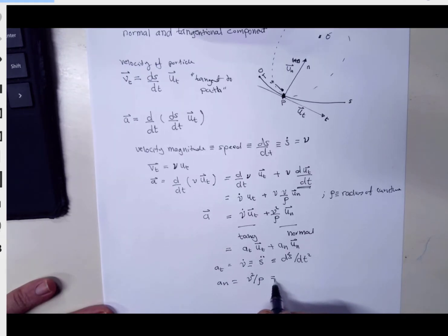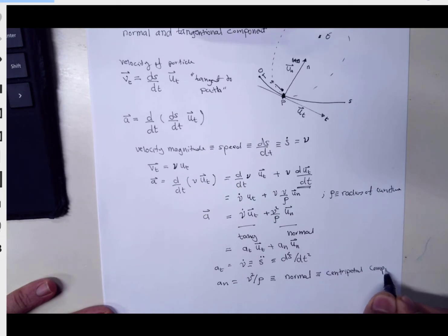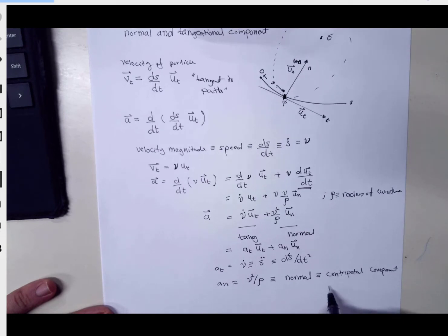This is called the normal, or centripetal, component of acceleration, always directed toward the center of curvature.